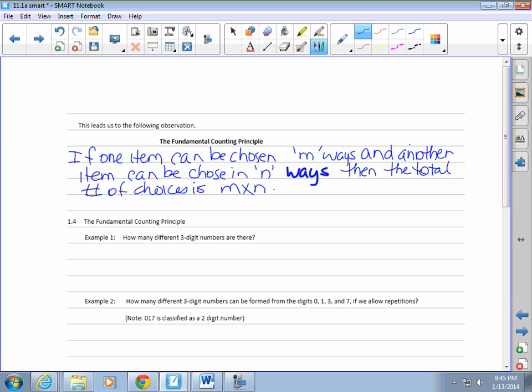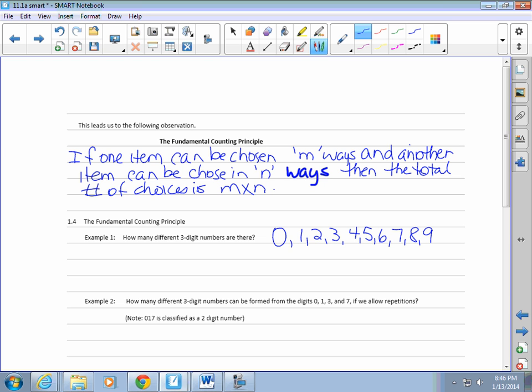So the next example says, how many different 3-digit numbers are there? So if you think about your numbers, when we're looking at digits, we go from 0 to 9. So 0, 1, 2, 3, 4, 5, 6, 7, 8, 9.